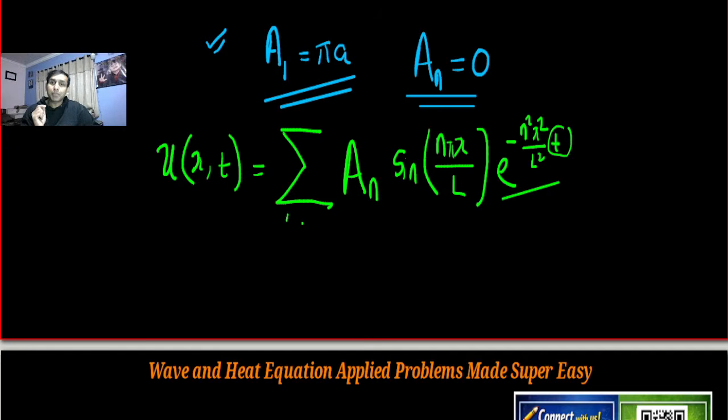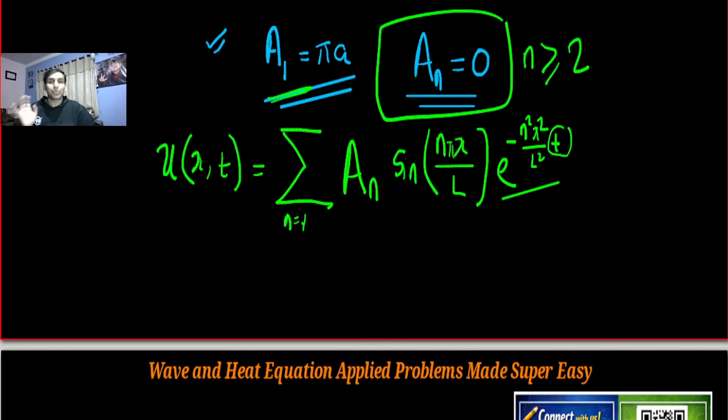Can you see there is a sigma which starts from 1 to infinity. So when you expand this, we will get a1 sine 1 pi x by L e power minus 1 square pi square by L square into t, plus a2 sine 2 pi x by L e power minus 2 square pi square by L square into t, plus a3 plus a4 etc. But I don't care because all the an values are 0 for n bigger than 1.